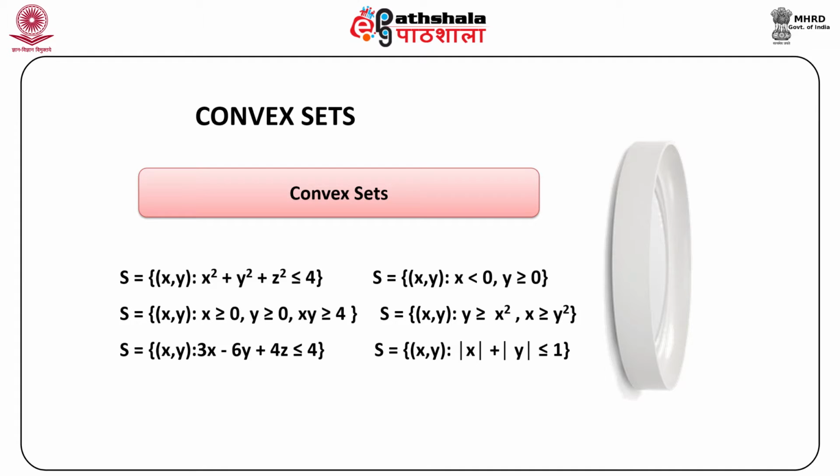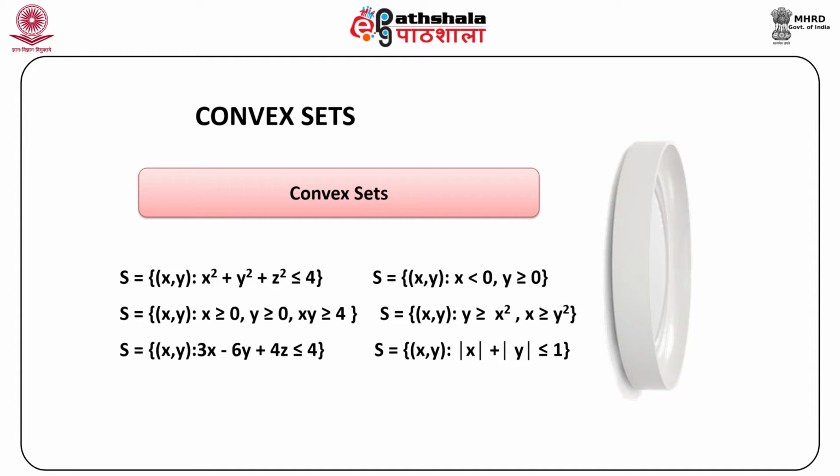S = {(x, y, z) : x² + y² + z² ≤ 4}. S = {(x, y) : x < 0, y ≥ 0}. S = {(x, y) : x ≥ 0, y ≥ 0, xy ≥ 4}.